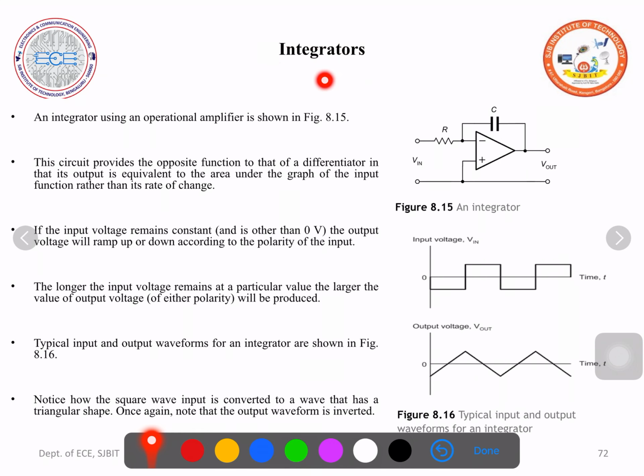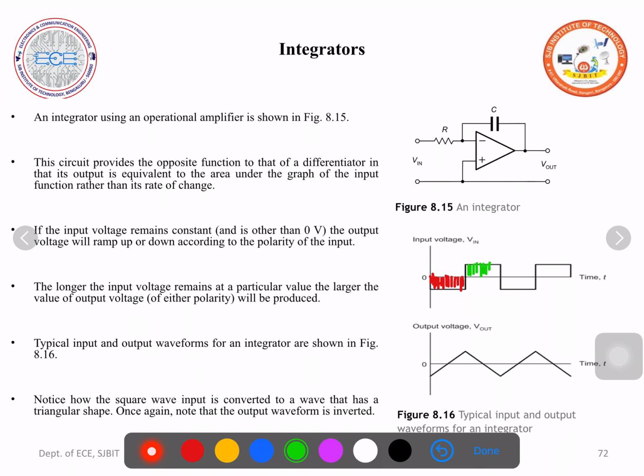I hope you know the English meaning of integration. It is summation. If you consider this as an input waveform, a square or rectangular waveform, here we consider the area, here it is a negative area. If you go on adding, the area definitely increases.